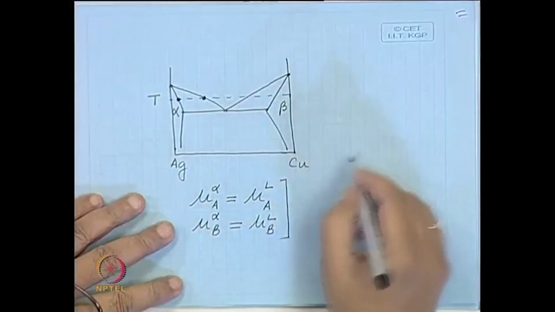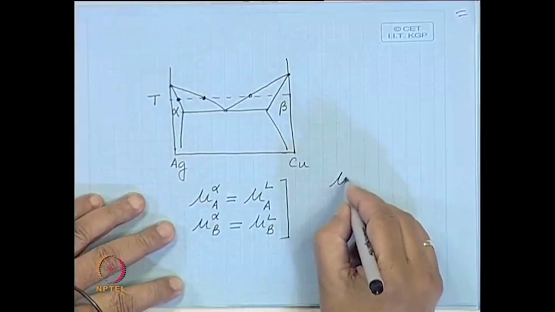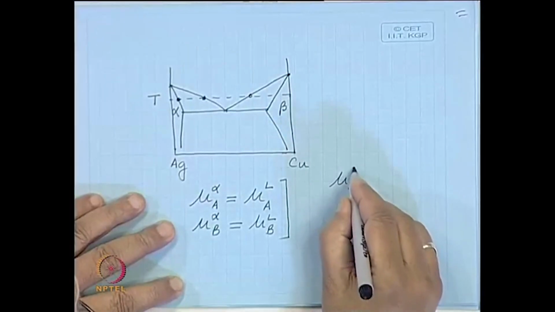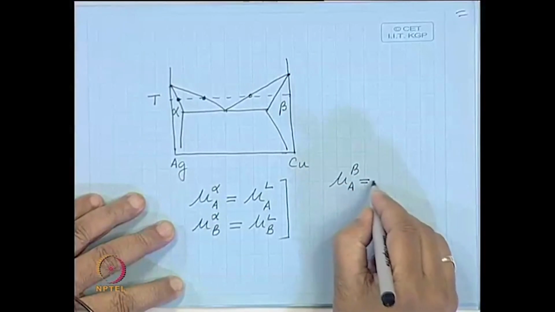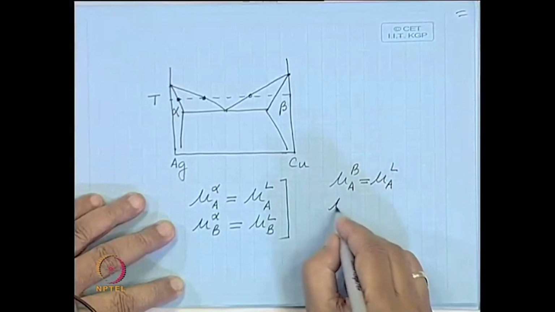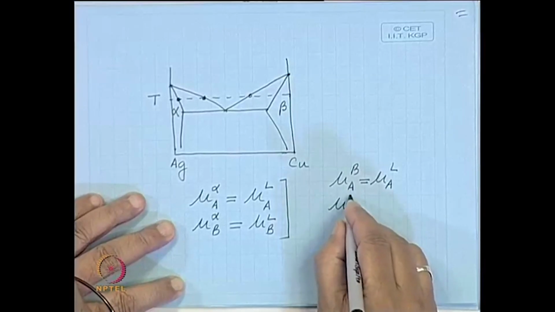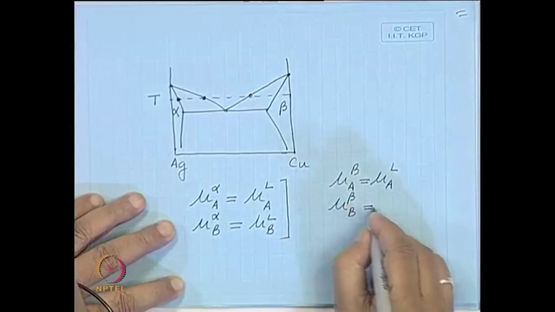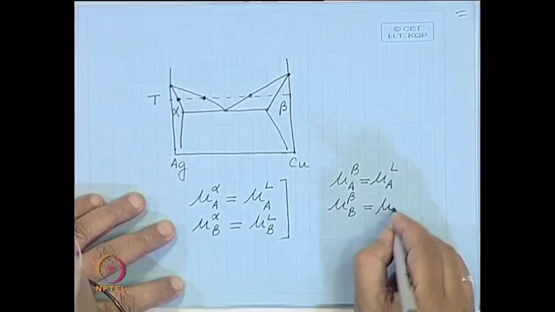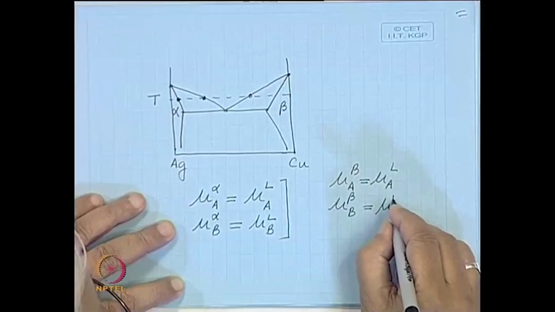Same way you can equate mu A in beta to mu A in liquid, and mu B in beta equal to mu B in liquid.